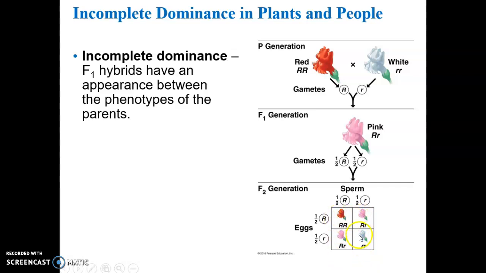You get a red, a white, and two pinks, because the two heterozygotes express a phenotype that's in between the homozygous dominant and the homozygous recessive. Okay? All right. So you'll be able to know if it's incomplete dominance by examining and understanding the phenotype of the heterozygote.